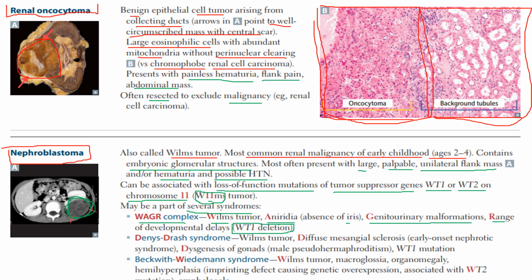Second one is the Denys-Drash syndrome, which is also part of the Wilms tumor.